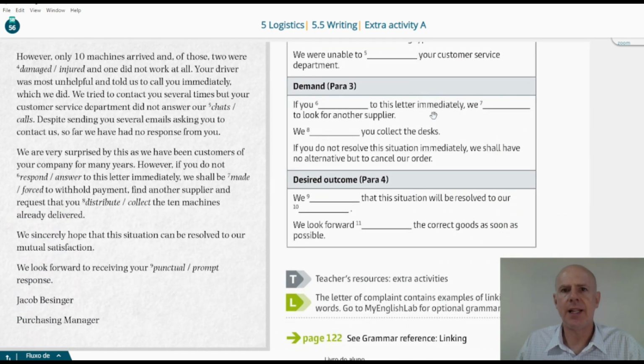If you do not respond to this letter immediately, do you remember respond here? We shall be forced to look for another supplier.